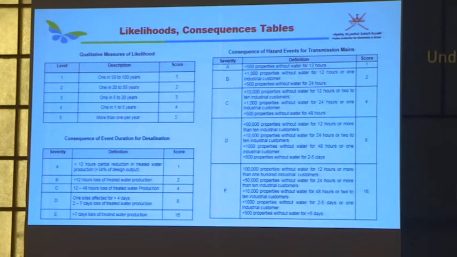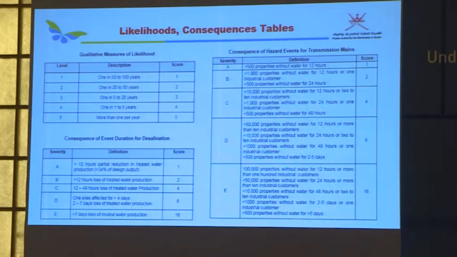So we have three tables here. This table is the outcome of the workshop, agreed on how these risks can be scored and how they can be managed. The first table on the left is a quantitative measure of likelihood. There are five levels and five scores.